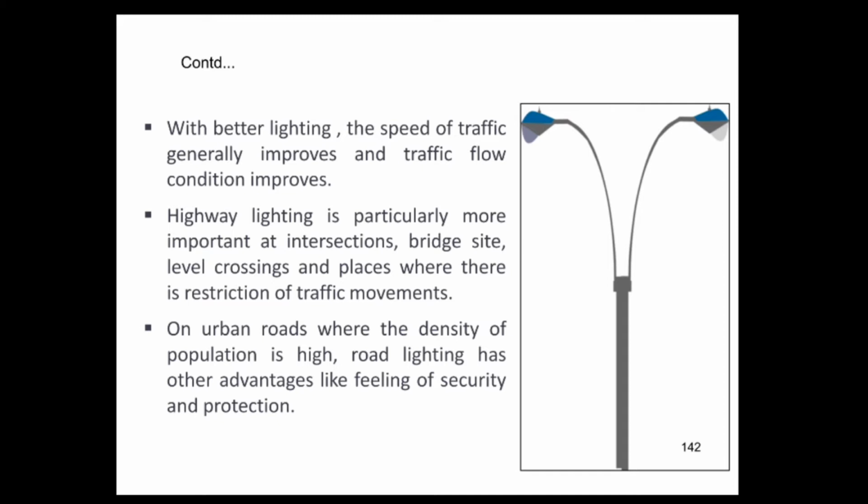Highway lighting is very important at intersections, bridge sites, narrow lanes, level crossings, and most importantly, the places where traffic movements are restricted or congested. On urban roads where the density of population is high, road lighting has another advantage, like the feeling of security and protection.